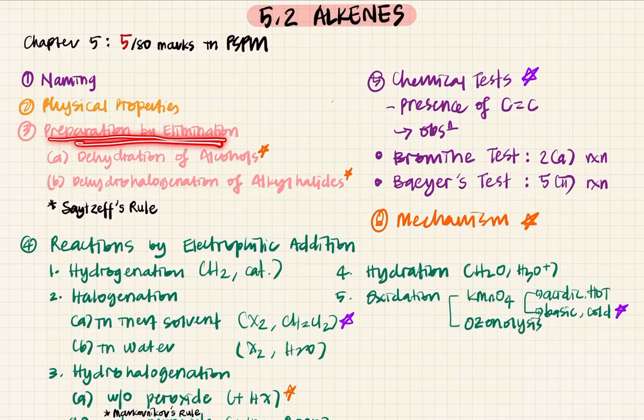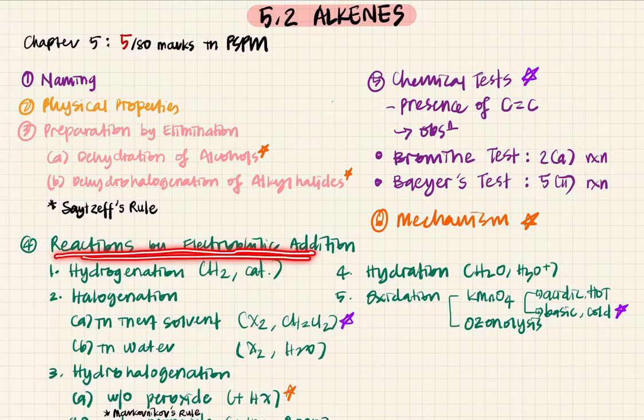Okay, you need to know the reactions in order to do synthetic questions, where they ask for your reagents and reactants and products. Okay, and then you also have to know the reactions that alkenes can go through by electrophilic addition.